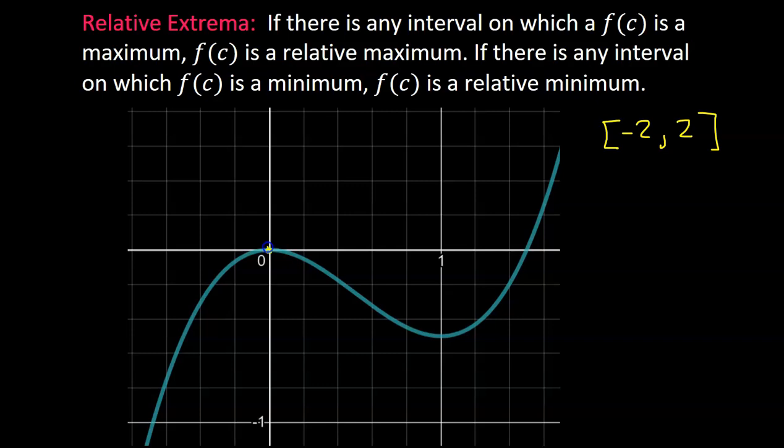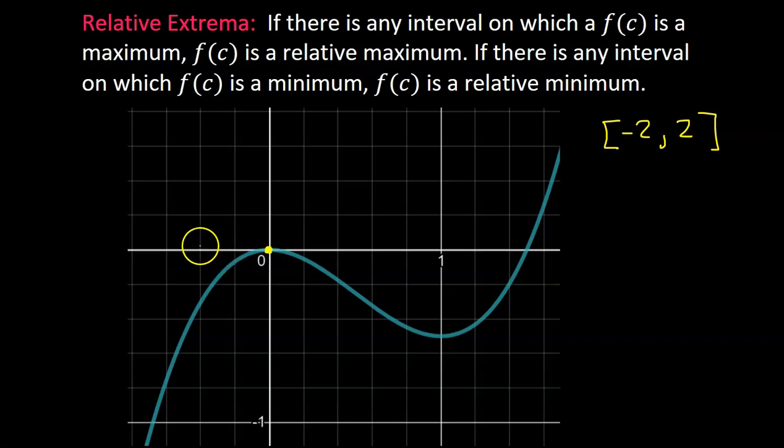Look at this point right here, (0, 0). Would that be a maximum? No, because there are higher points over here. So this is not a maximum on the interval -2 to +2. However, this is a relative maximum because there is an interval on which this would be the maximum.